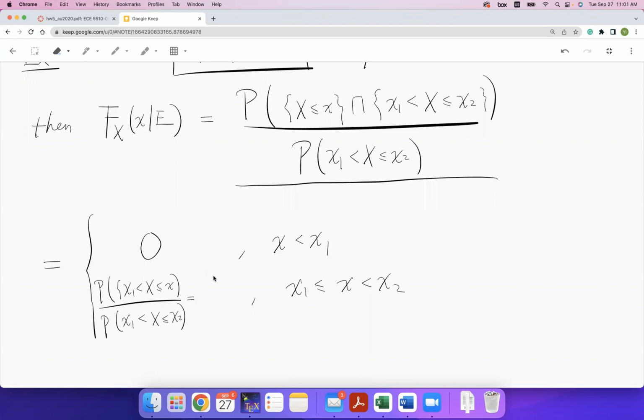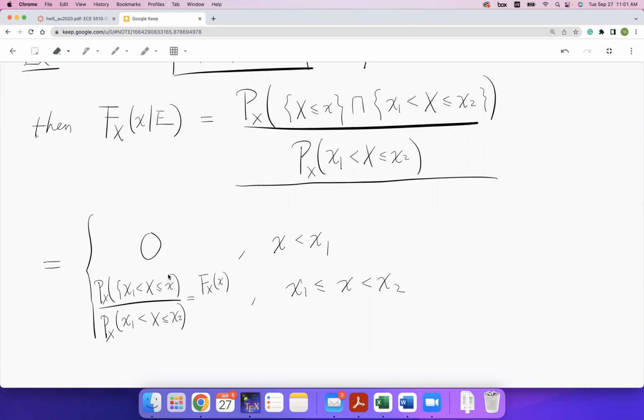And we know from the previous discussion that this can be written in terms of the CDF functions in this way.